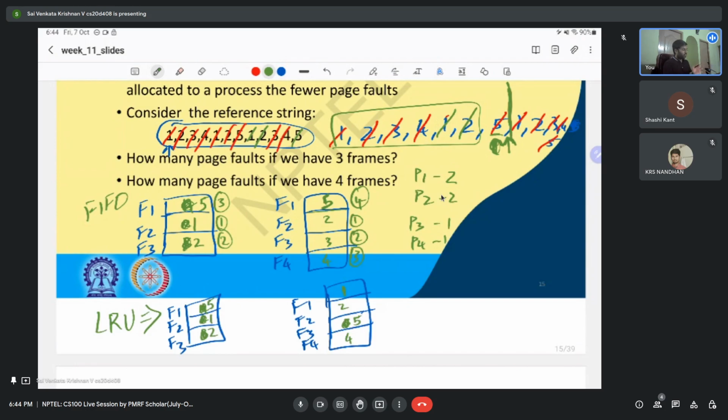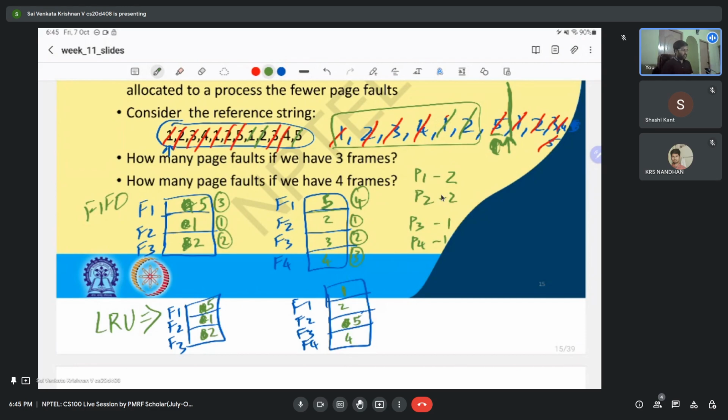In that case, after all the accesses, it is 5 and 2, and if you increase your number of frames, it is 1, 2, 5. So this is what your frame allocation would be.